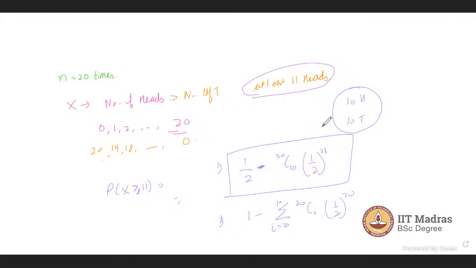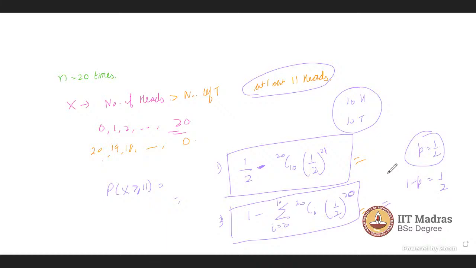1 minus getting less than 11 heads. It's (1/2) to the power 20 because P is 0.5, so 1 minus P is also 1/2. That's why it is 20.